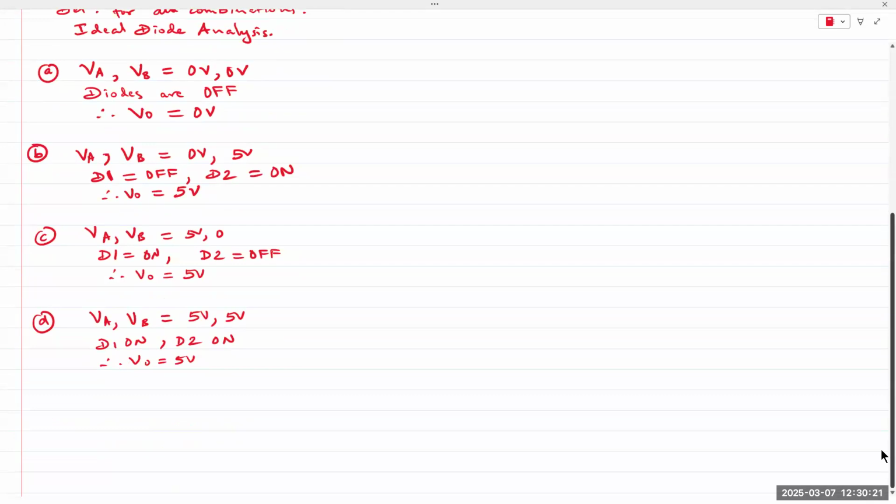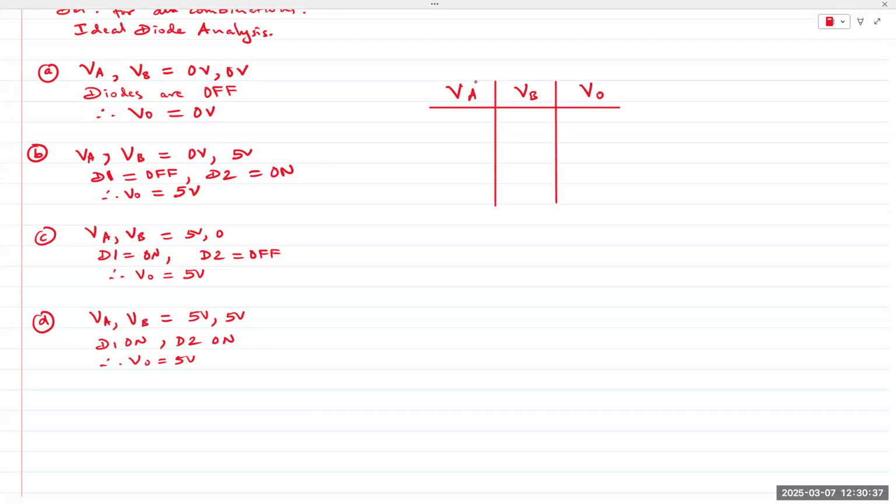Absolutely. So again, if we create a table, we have VA, VB, and VO. We have 0 volts, 0 volts; 0 volts, 5 volts; 5 volts, 0 volts; and 5 volts, 5 volts. Output is 0 volts, 5 volts, 5 volts, 5 volts.